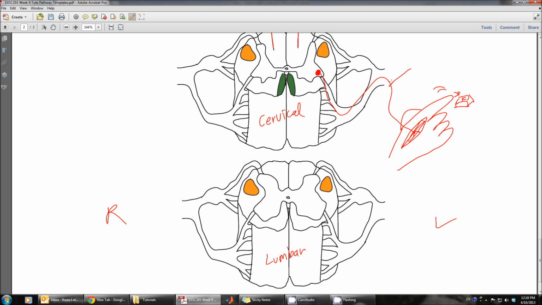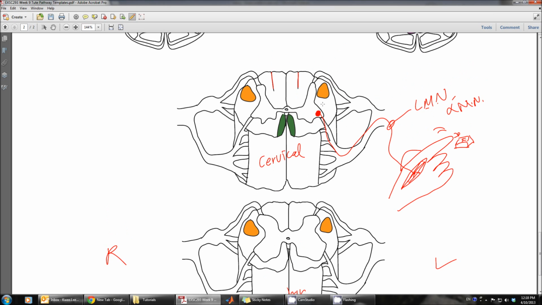So that's the first part of the descending tracts, the lower motor neuron. You can also write alpha motor neuron, that's fine. And that's the soma, which you can find in the ventral horn.